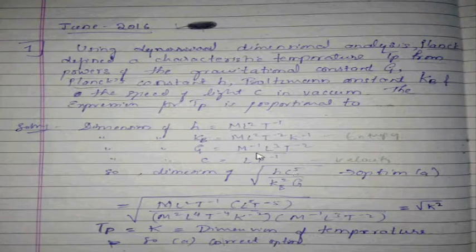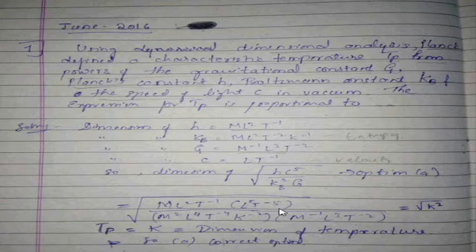C raised to 5, that is L raised to 5 into t raised to minus 5, we have written here, divided by kb whole square, that is the whole square of kb, we have done this here. And for G, we have taken the dimensional formula of G here.